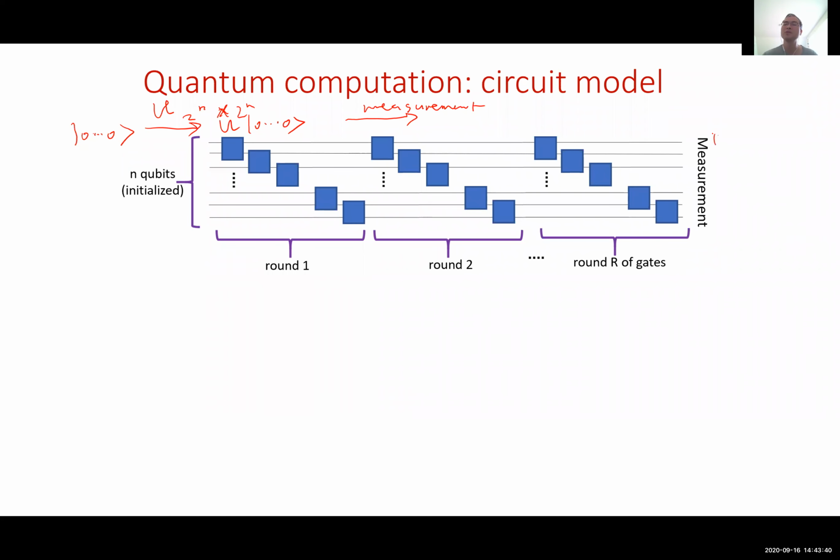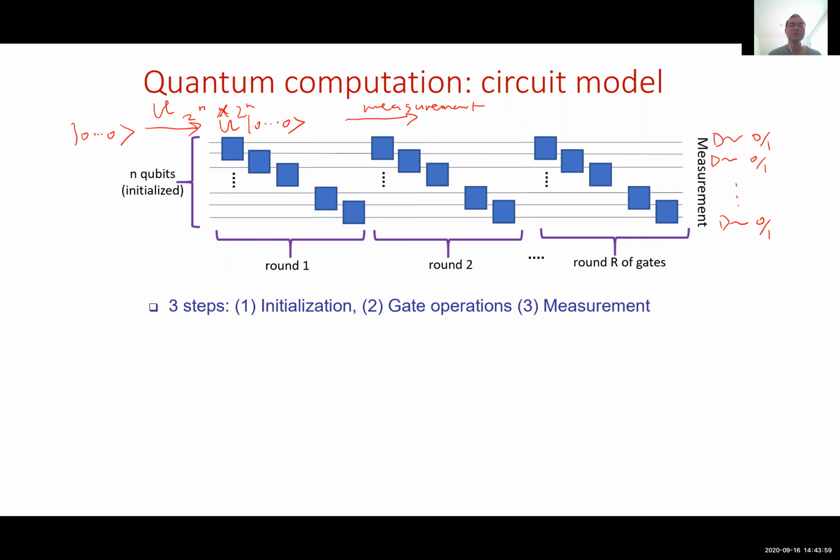It's usually this symbol, you read out whether 0 or 1, for all the qubits that are needed to read out the results. So that's really the basic standard circuit model. The 3 steps: initialization, gate operation, measurement. We're going to talk about gate operation more and a little bit of measurement.